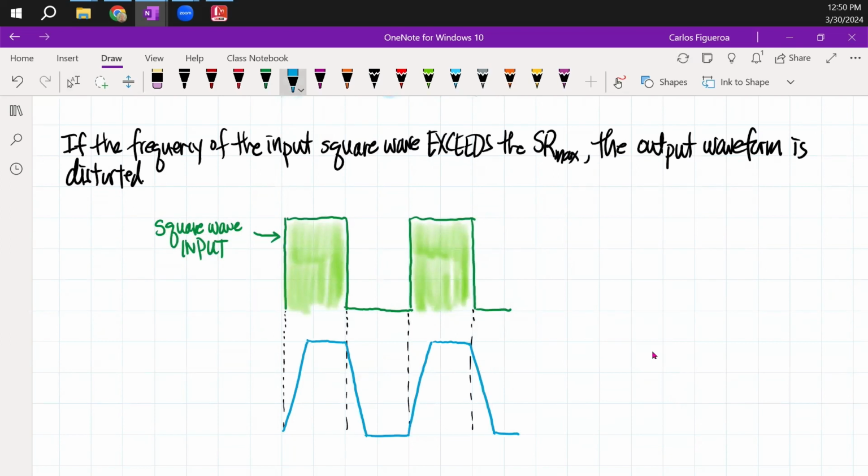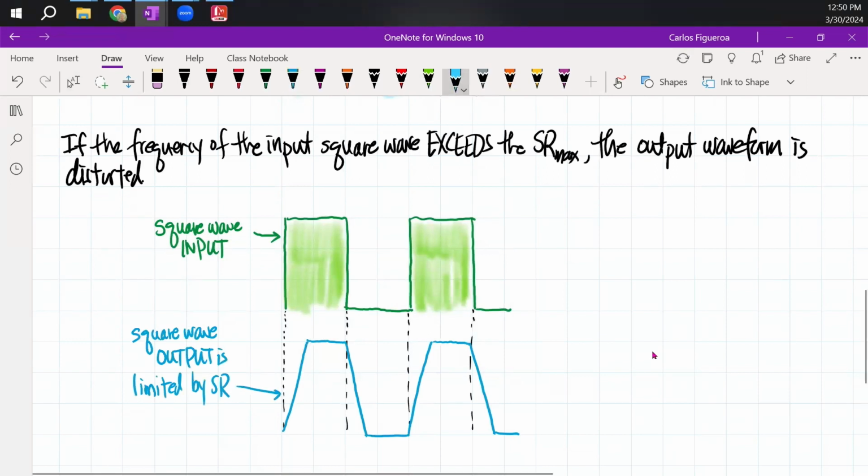So this square wave output is limited by the slew rate. And you can see how that wave is now not the same. And that's it for the slew rate.